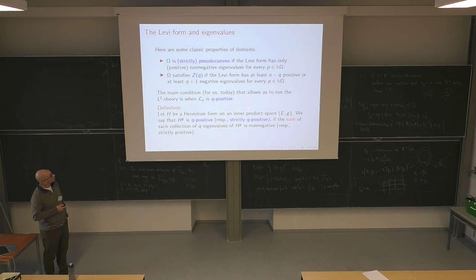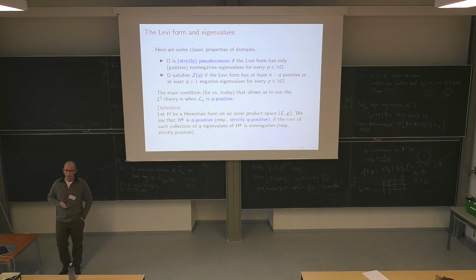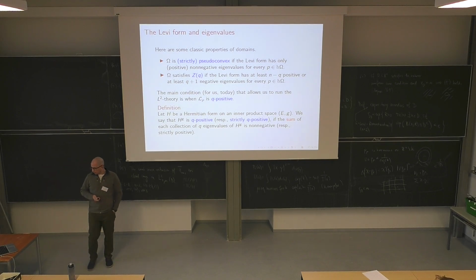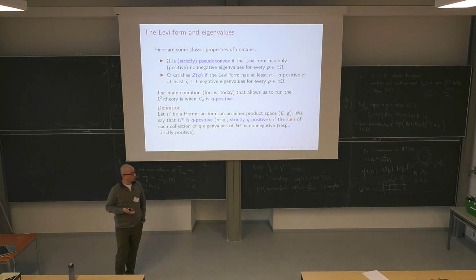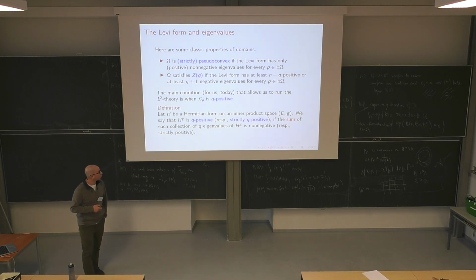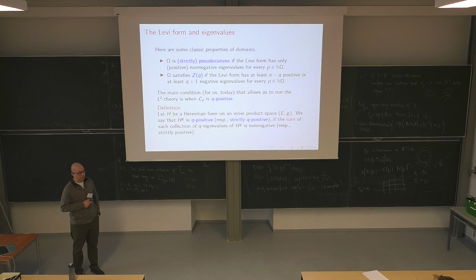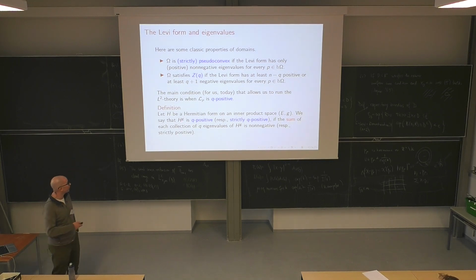The main condition for us that will allow us to run the L2 theory is when the Levi form is q-positive. So what does q-positive mean? If I have a Hermitian form on an inner product space, H_g is when we took H and wrote it, using the musical isomorphism, with respect to the metric g.